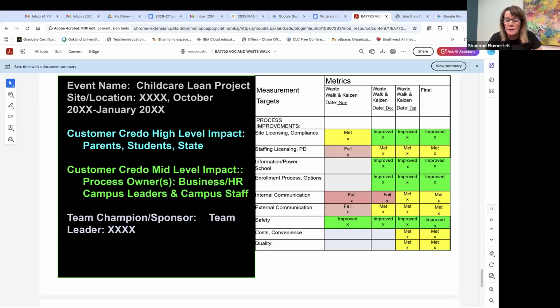So we have the business office, where a lot of funds are collected. And of course, all the HR functions, making sure we have properly credentialed people, properly trained, and so on. And then, of course, campus leaders and staff who are delivering these programs. And then what we said is, let's try to get a sponsor, because this might help you also.